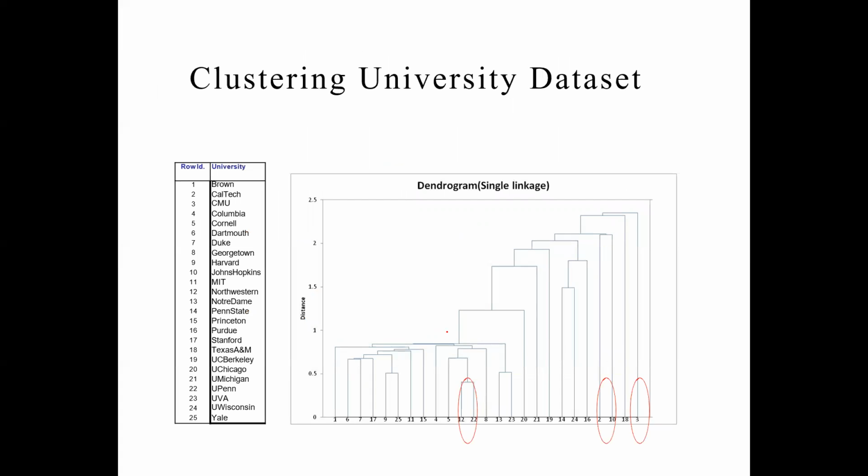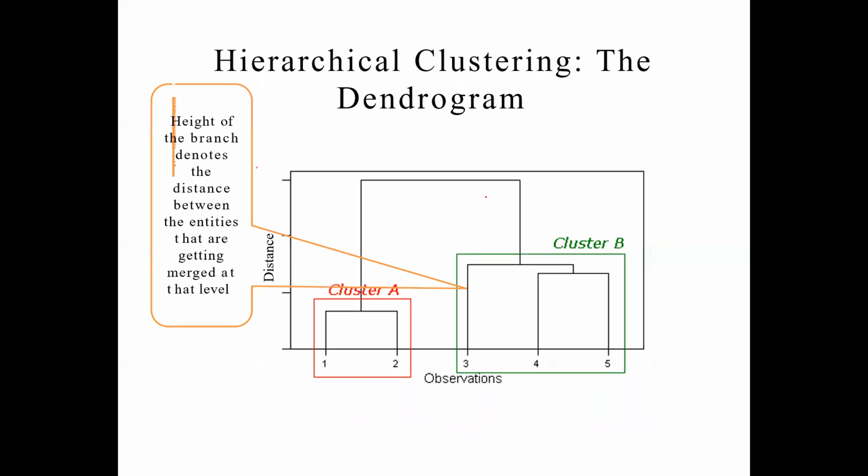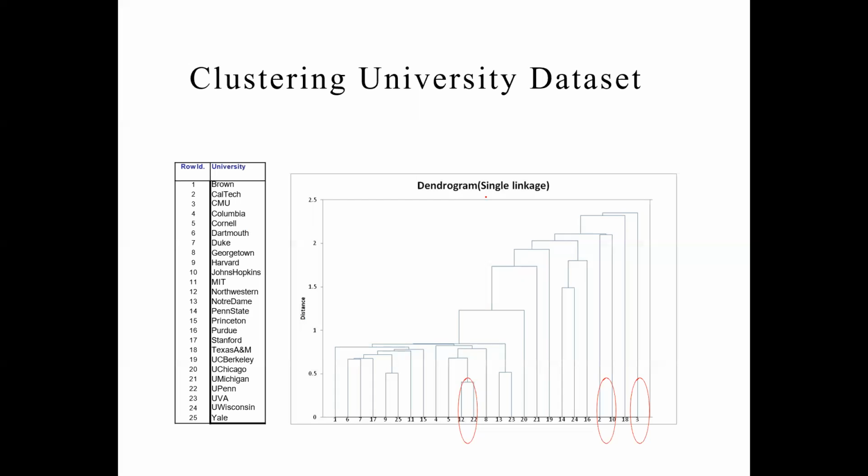Here I just want to show you the graphical representation of the clusters formed for the university data set. If you are using the single linkage method, your dendrogram will be like this. How this dendrogram is obtained from the given data set, I will explain with a numerical example in the next session.